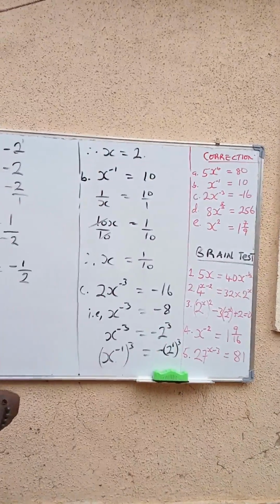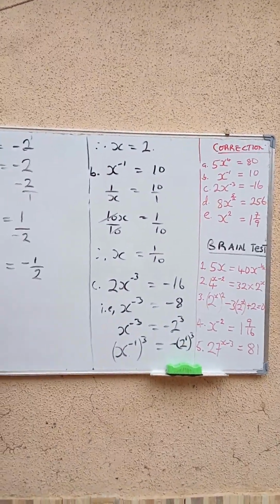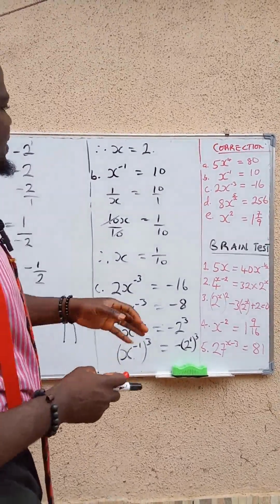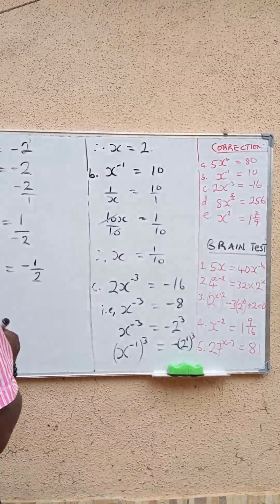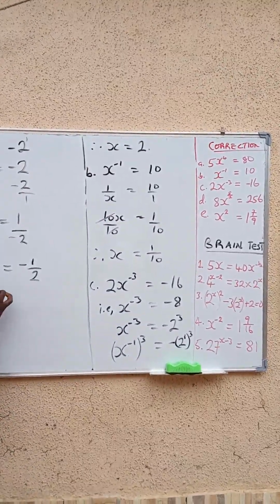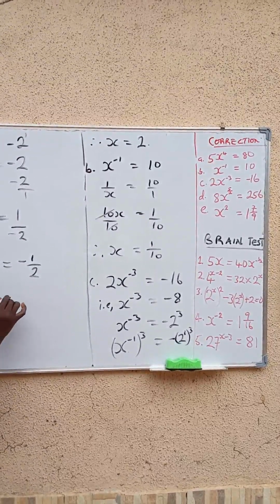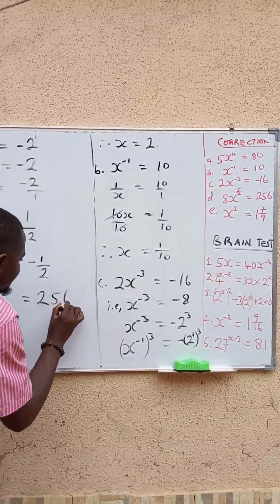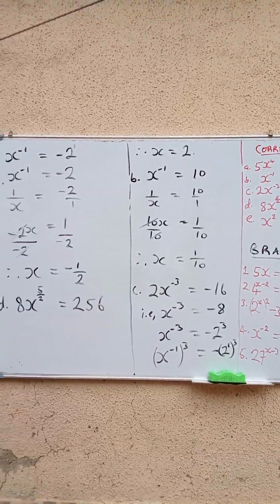So then number D. What we have there is what? 8x raised to the power of 5 over 2 is equal to 256.